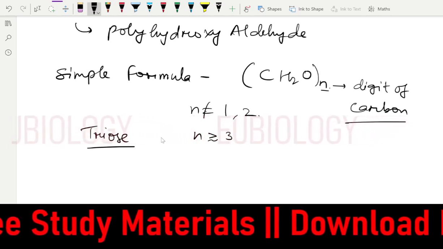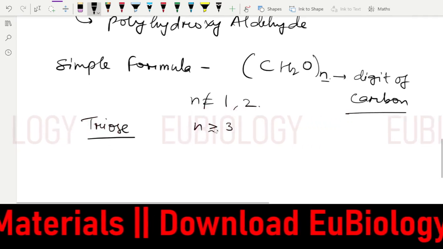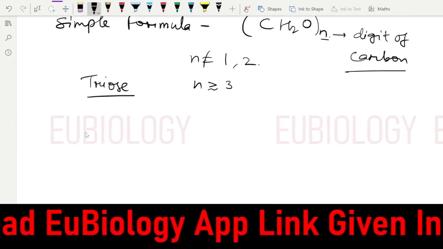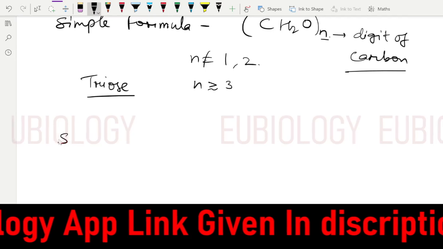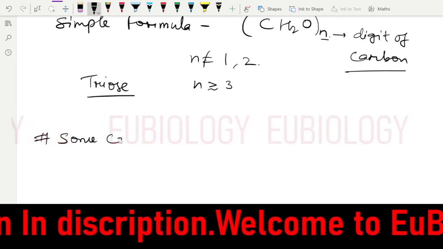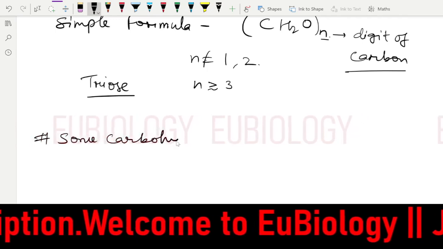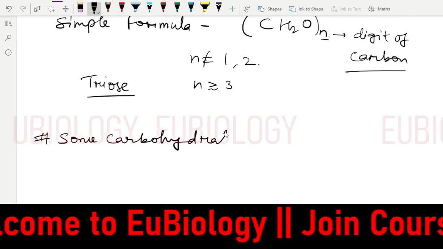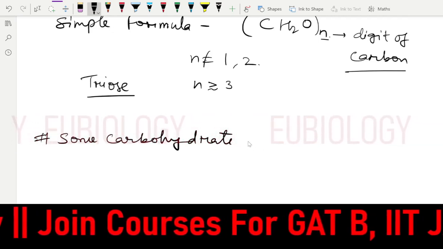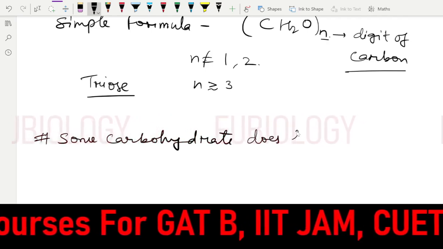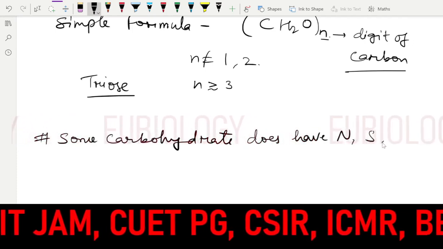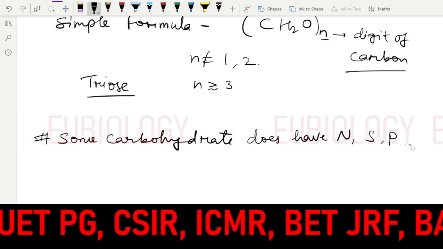So does the formula written here exist for every carbohydrate? It does not. Some carbohydrates do have nitrogen, sulfur, or phosphorus or something.